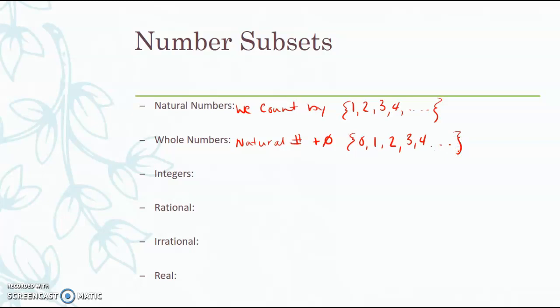Alright, so natural numbers are numbers we naturally count by. We don't start with 0. Whole numbers, we just add that 0 in to our natural number set.